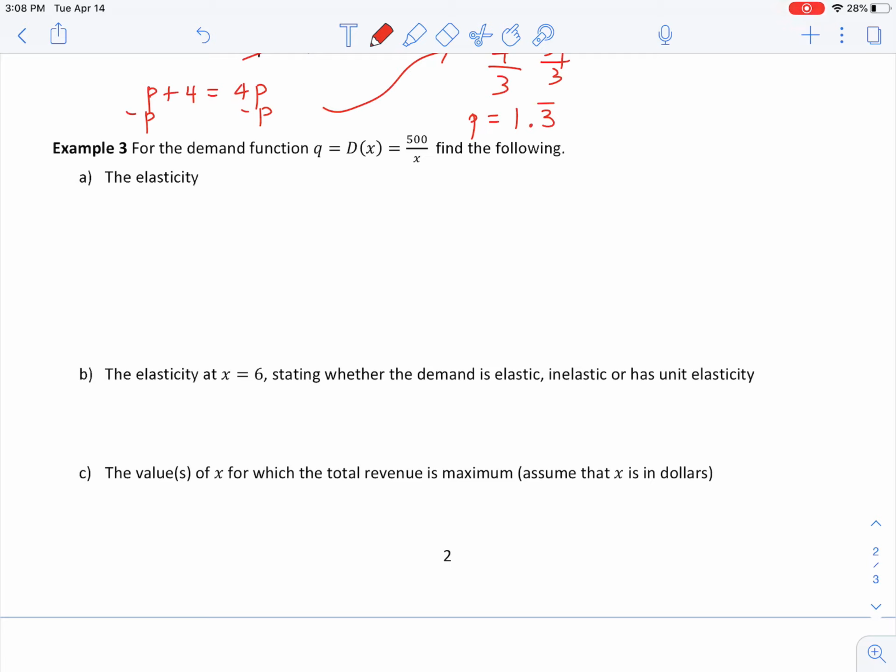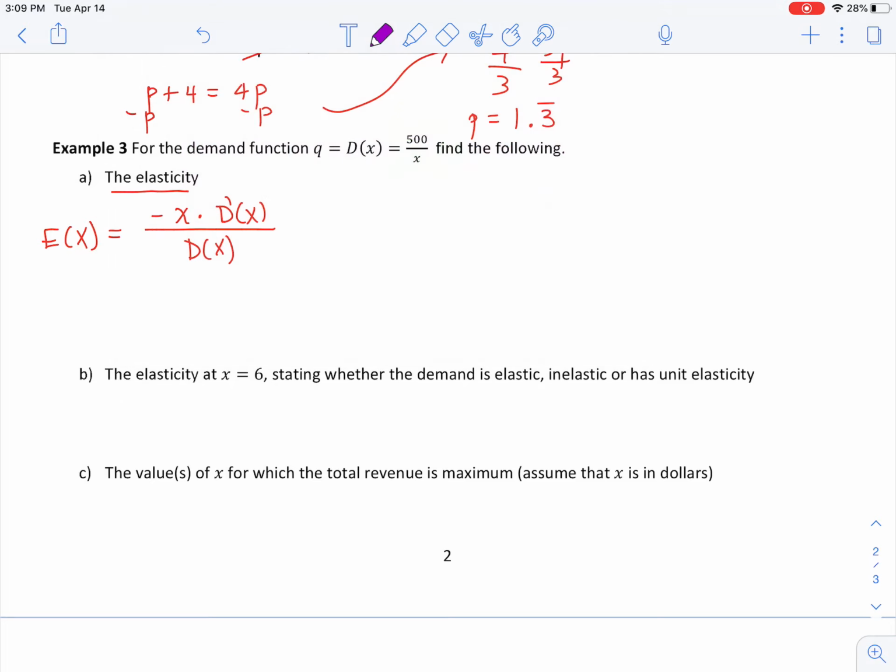All right, last one. The demand function Q equals D of X equals 500 over X. Let's first find the elasticity. That's going to be E of X equals negative X times the demand function's derivative divided by the demand function.